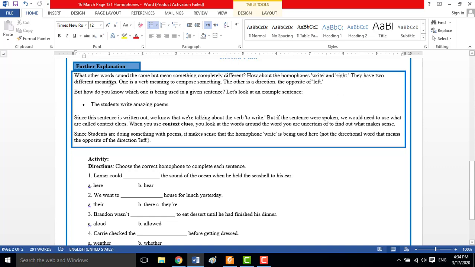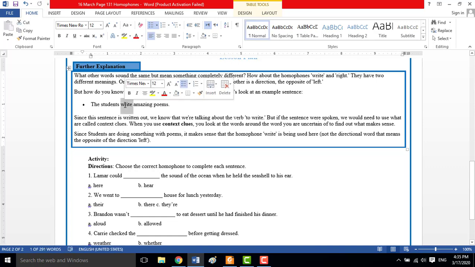They have two different meanings. One is the verb, meaning to compose something. The other is a direction, the opposite of left. But again, very important, the meaning will decide.